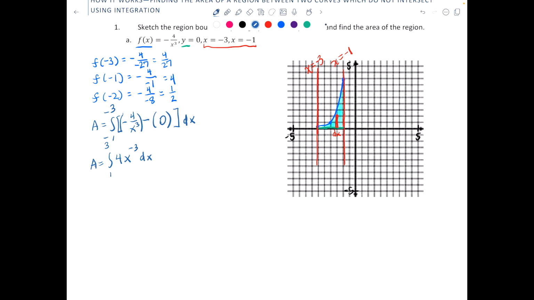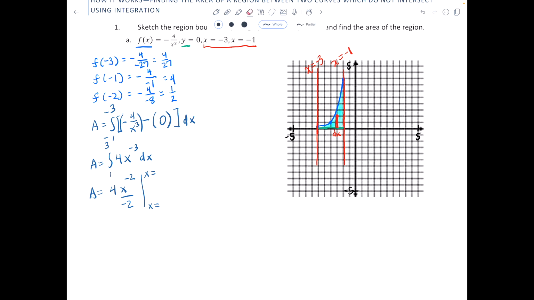So now integrating, be careful, don't mix it up with differentiation. You increase the power by 1, which gives us negative 2, and divide by that. And then we are going from x is negative 1 to x is negative, nope, we flipped it, sorry, my bad.